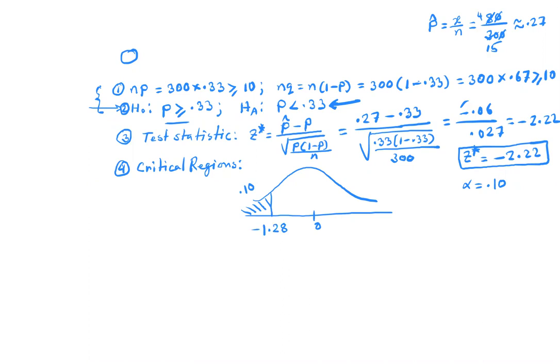Can somebody check this value? I think it's, if I recall correctly, because I don't have the table on the screen right now. This handout does not have the table. Can somebody else look at the last handout and check it for me? I think it is negative 1.28. Any volunteer? AJ, can you find the value for me, please?